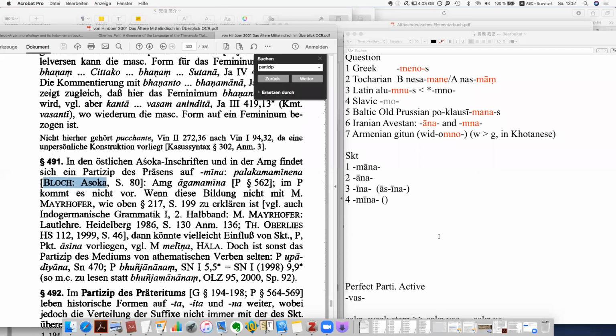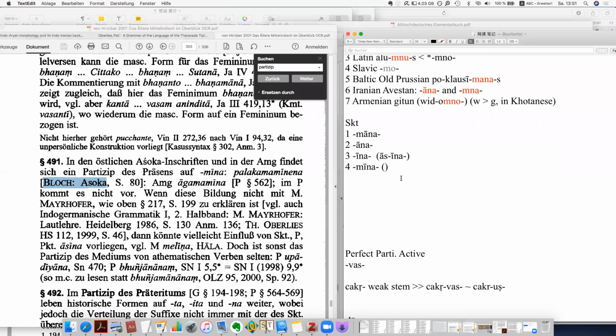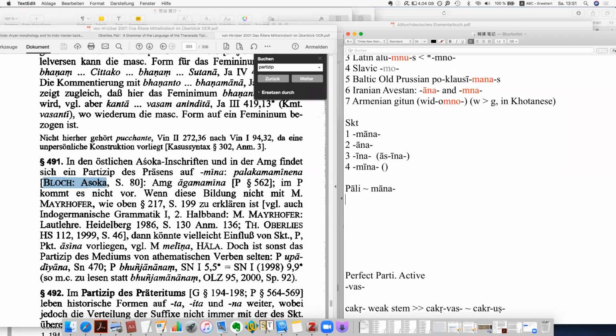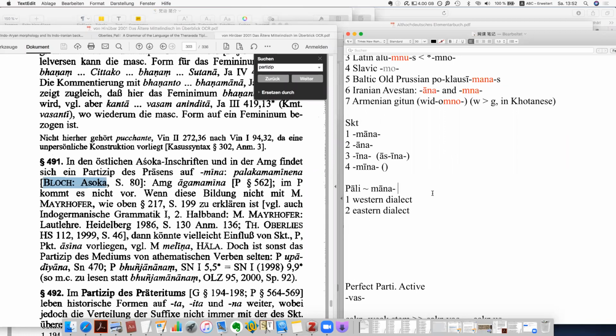In this book. Yeah. So now comes a question. In Pali, we have mana, right? So can anyone tell me, is Pali a Western dialect or an Eastern dialect?